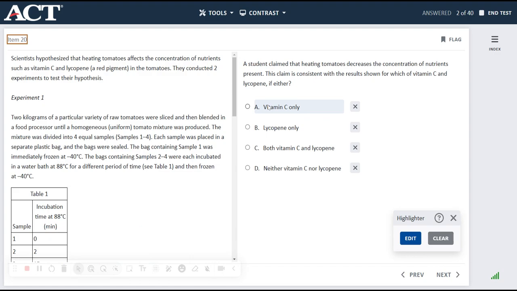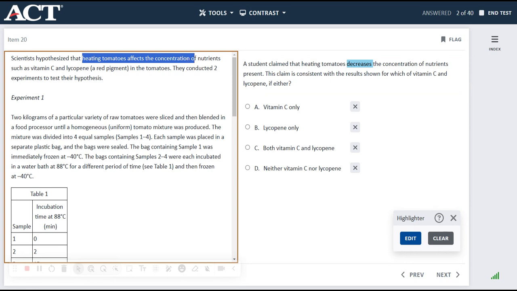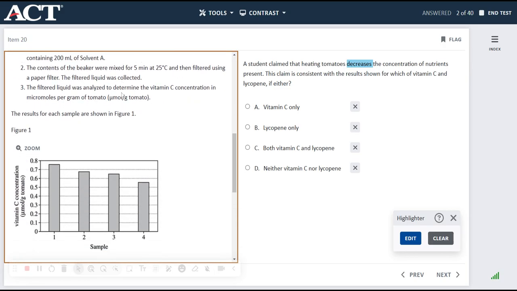Number 20. The student claimed that heating tomatoes decreases the concentration of nutrients present. This claim is consistent with the results shown for vitamin C and lycopene if either. So that was the hypothesis, right? Heating tomatoes affects the concentration. It says affects. So he or she theorized that it would decrease the concentration. So let's double check.